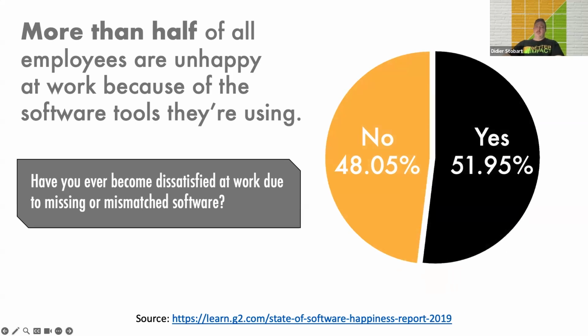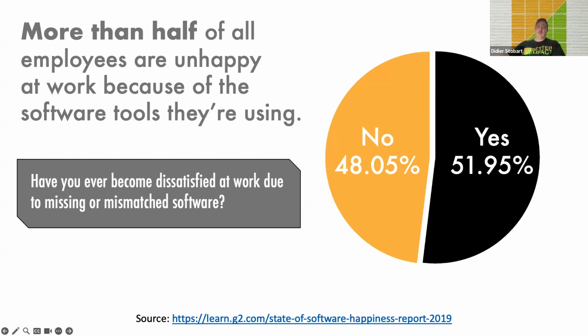Thanks everyone for answering those questions. Just to touch a little bit more on some common issues that are coming up in different organizations. This is quite an alarming stat, but more than half of all employees are unhappy at work because of the software tools they're using.